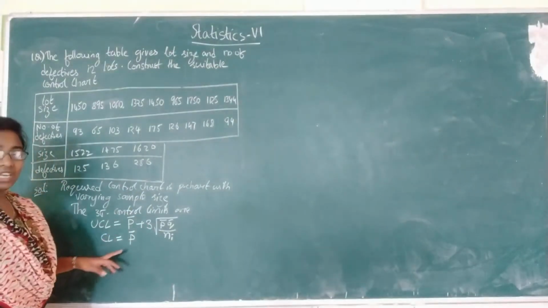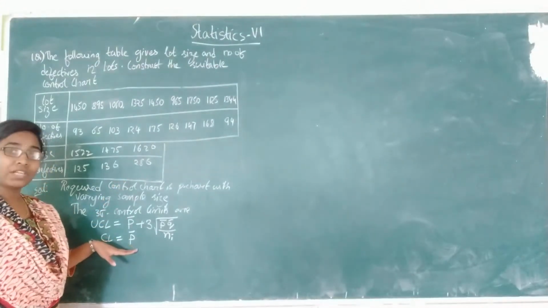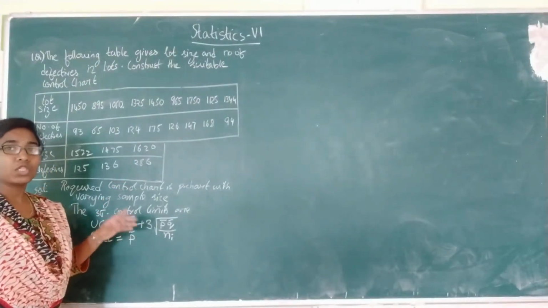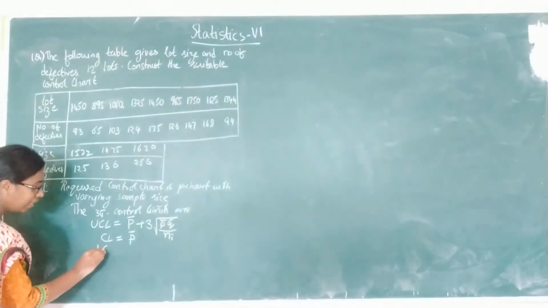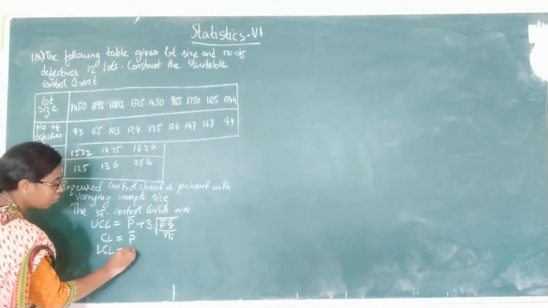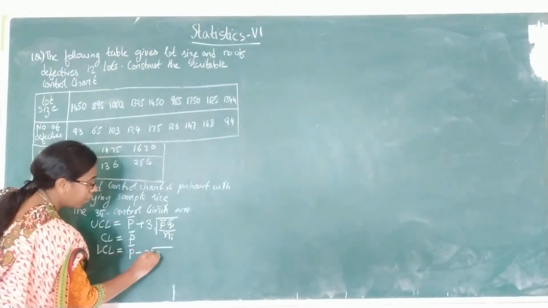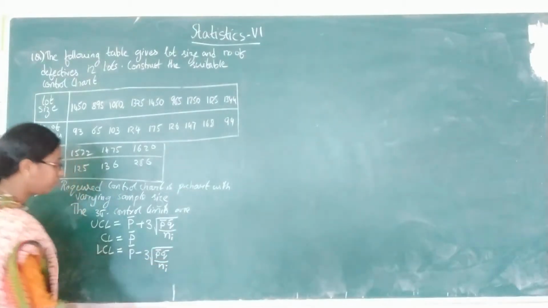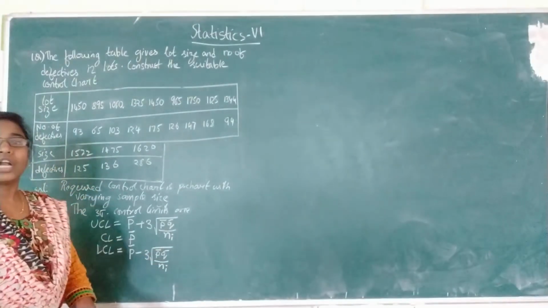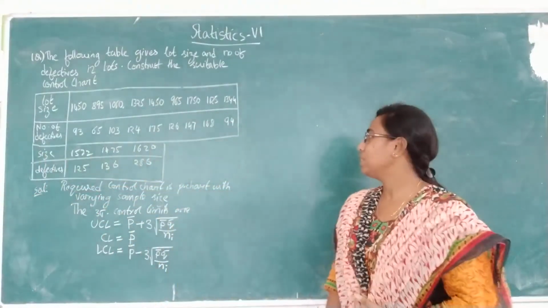The CL is not dependent on the sample size; it is a constant, P bar, so CL will be only one value. Next, LCL equals P bar minus 3 into under root P bar Q bar by Ni. So these are the control limits for the P chart for varying sample size.